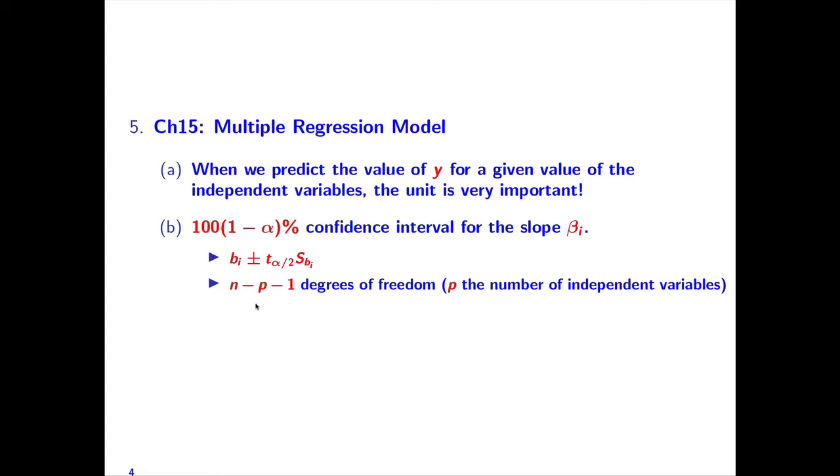When we try to find the critical value, the degrees of freedom will be n minus p minus 1. So you need to use the t table, and then you find alpha, you find alpha over 2, and the degrees of freedom will be n minus p minus 1. Again, p is the number of x's.